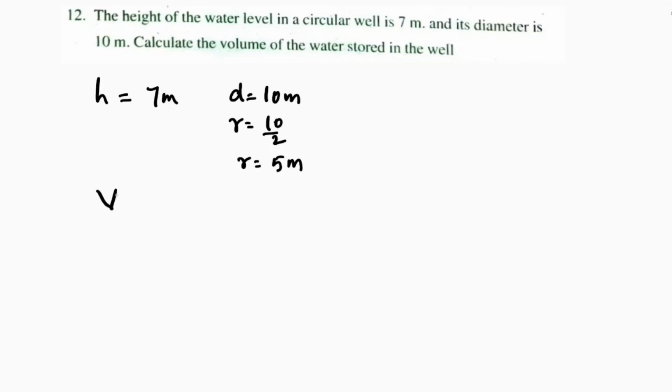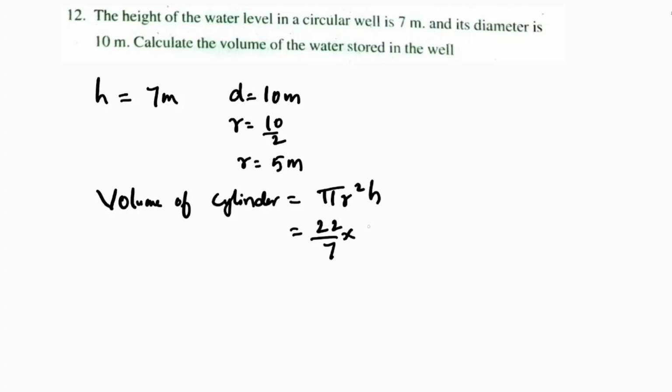So the volume of the circular well is nothing but the volume of a cylinder. The formula is pi r square h. So 22 by 7, radius is 5 into 5 into 7. Here 7 and 7 will get cancelled.